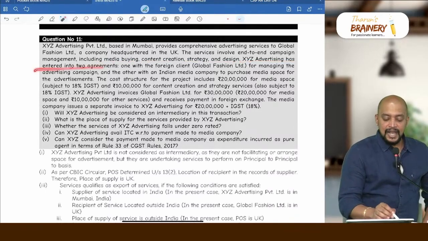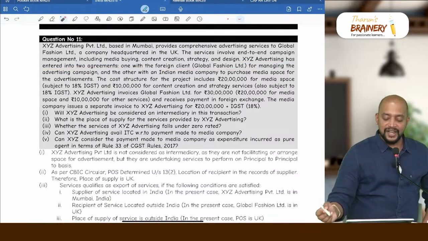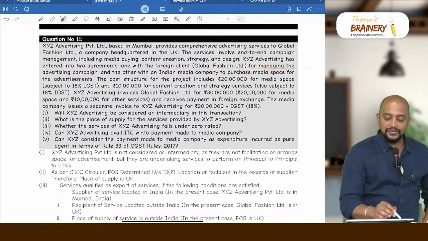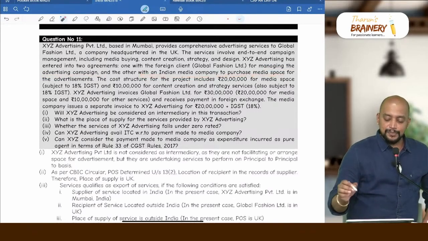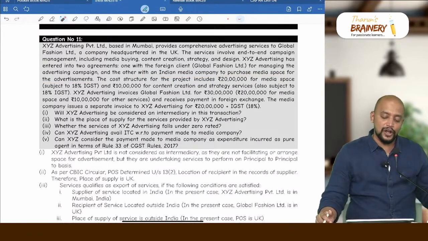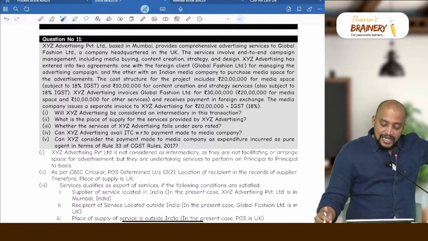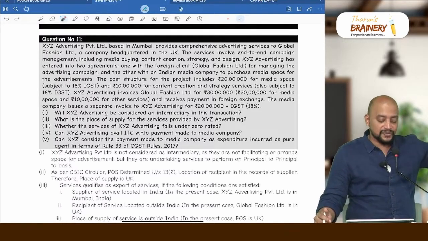XYZ Advertising has entered into 2 agreements, one with the foreign client, that is Global Fashion Limited, for managing the advertising campaign, and the other with an Indian media company to purchase media space for the advertisement. Basically they enter into 2 contracts, one with the foreign client Global Fashion, another with the Indian media company to procure the space for advertisement.